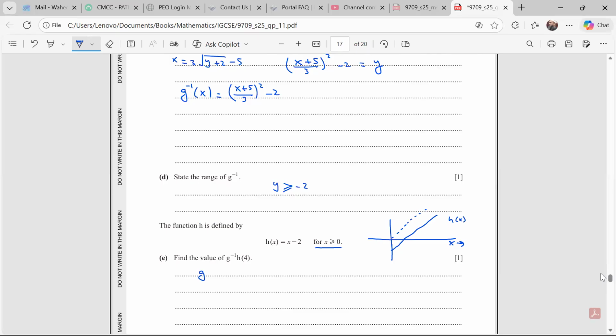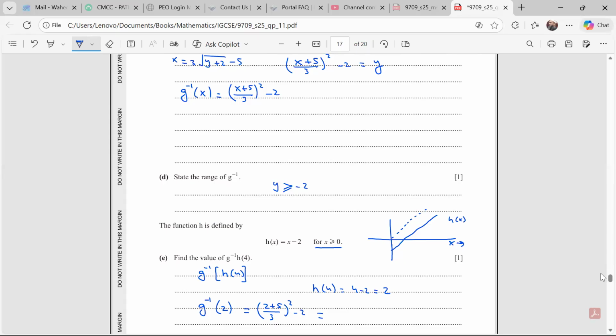So g inverse of h of 4, this we need to find out. What is h of 4? You can see 4 minus 2 is 2. So next step is we need to find g inverse of 2. This would be 2 plus 5 over 3 squared, minus 2.